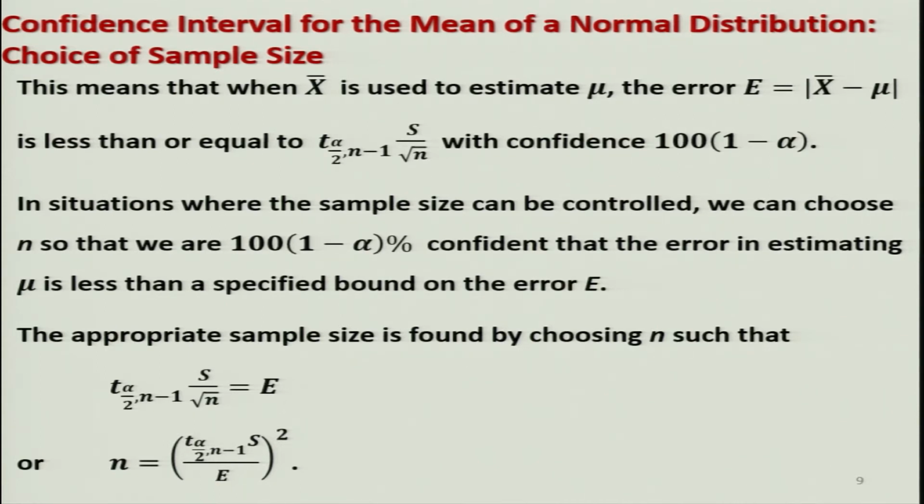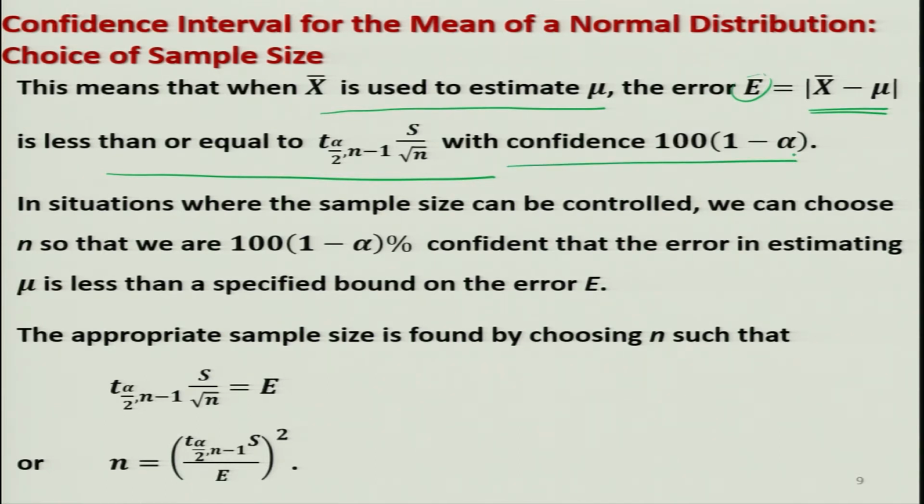Here, since x bar is being used to estimate mu, some of the values of x bar will be less than mu, some values will be more than mu. So, the absolute error between x bar and mu can be expressed by the quantity E. We would like to find the sample size in such a way that the error is less than or equal to t alpha by 2, n minus 1, S by root n, with confidence coefficient 100(1 minus alpha)%.